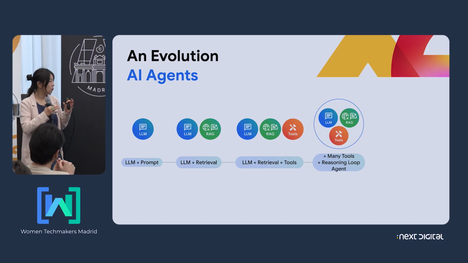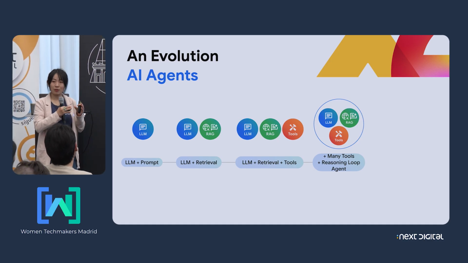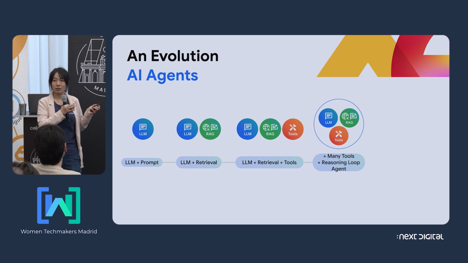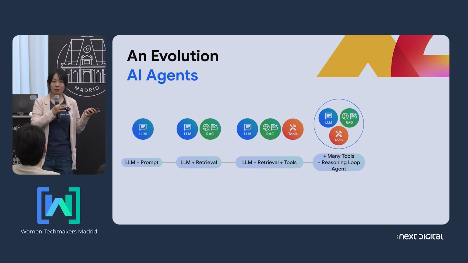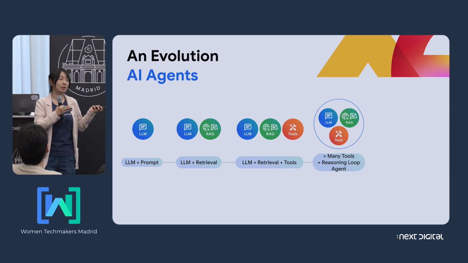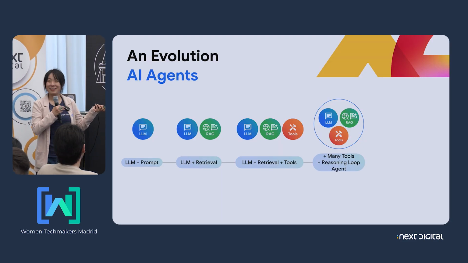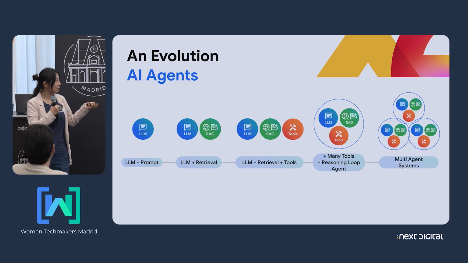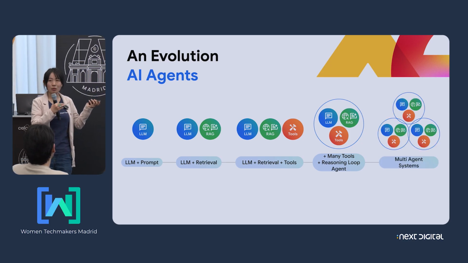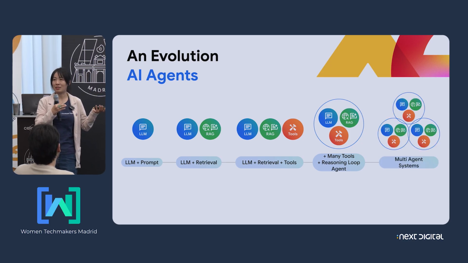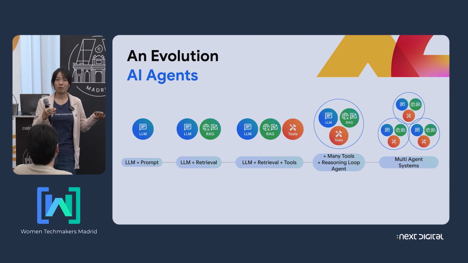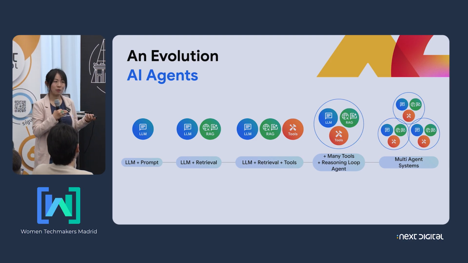And if we put many of these agents together, we can use it to achieve more complicated purposes. Okay, so that is a popular multiple agent-based architecture that I think from last year became very popular.